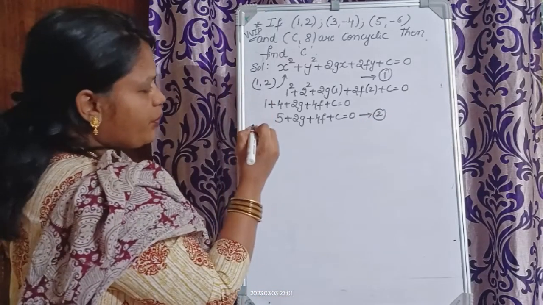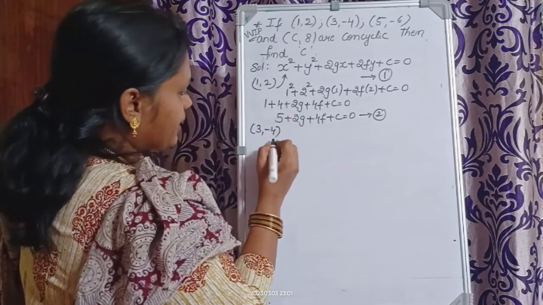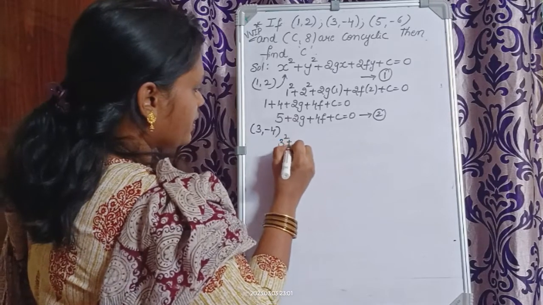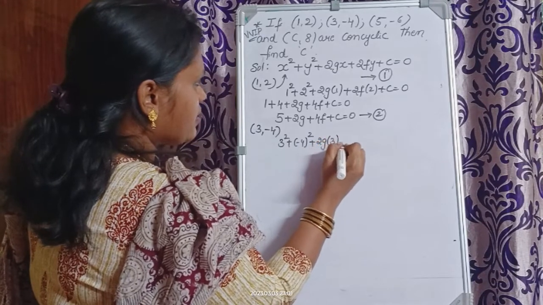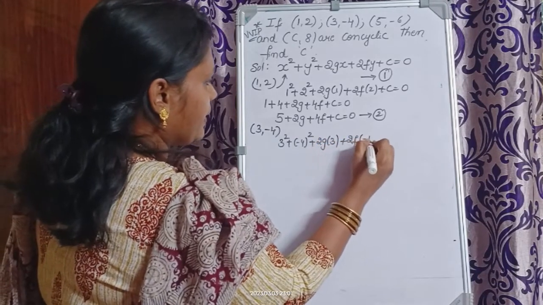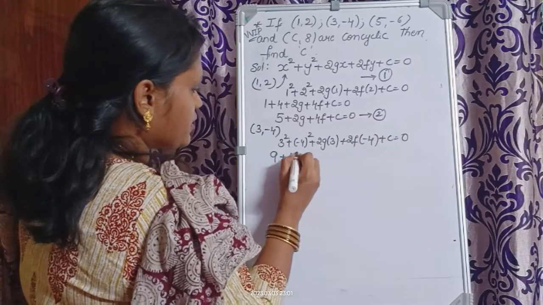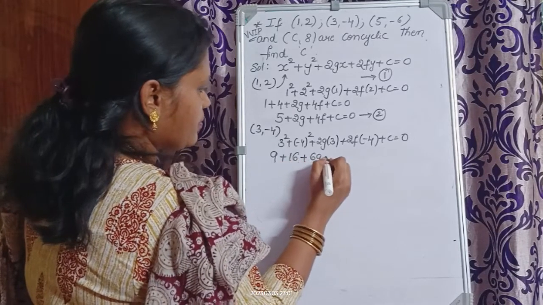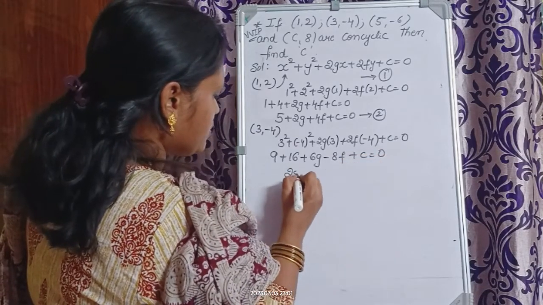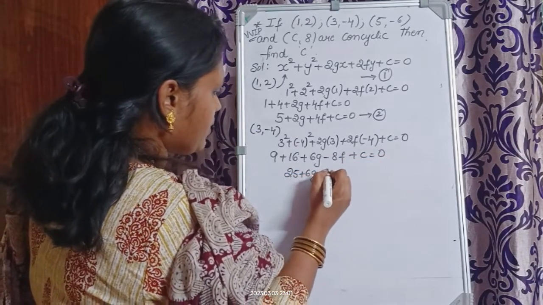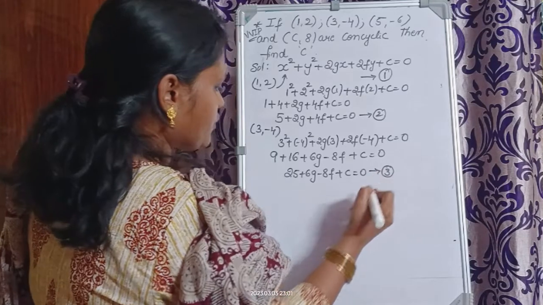Right? Similarly, point (3, -4) lies on equation 1, which implies 3 square plus (-4) square plus 3 times 2g plus (-4) times 2f plus c is equal to 0, or 9 plus 16 plus 6g minus 8f plus c is equal to 0, or 25 plus 6g minus 8f plus c is equal to 0. I call this equation 3.